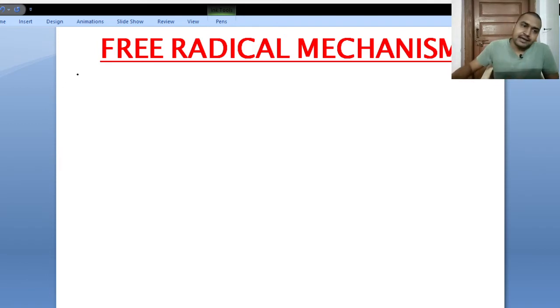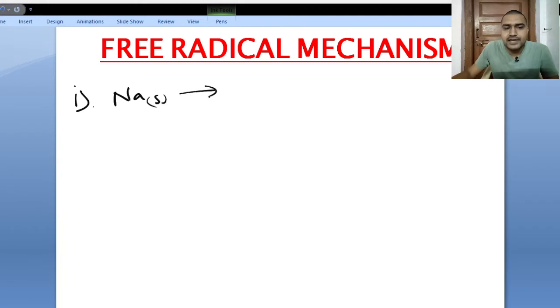In the very first step, as we all know, sodium is a metal, and one definition of a metal is that it gives electrons. So Na+ in gaseous state and one electron are the products.